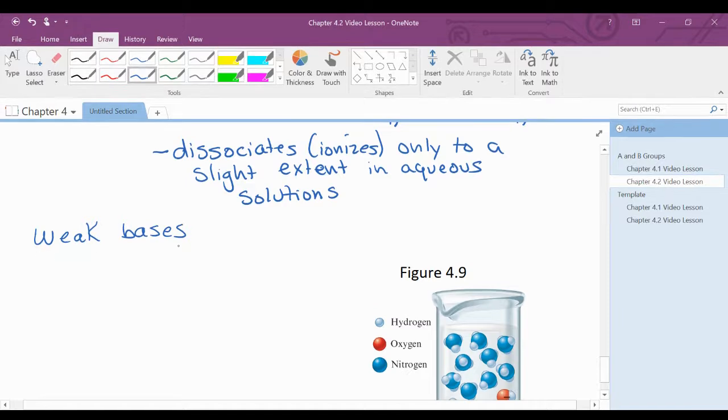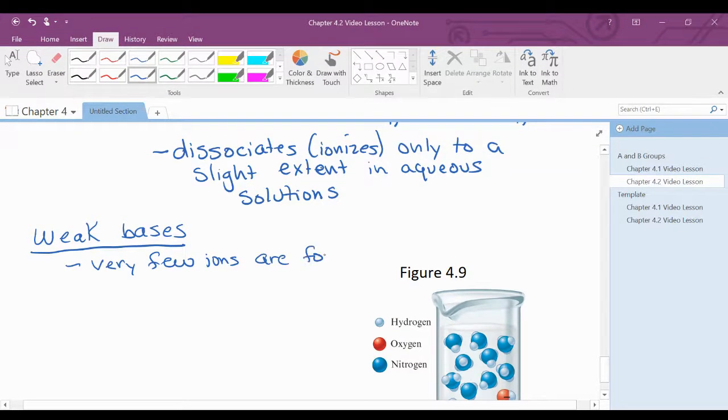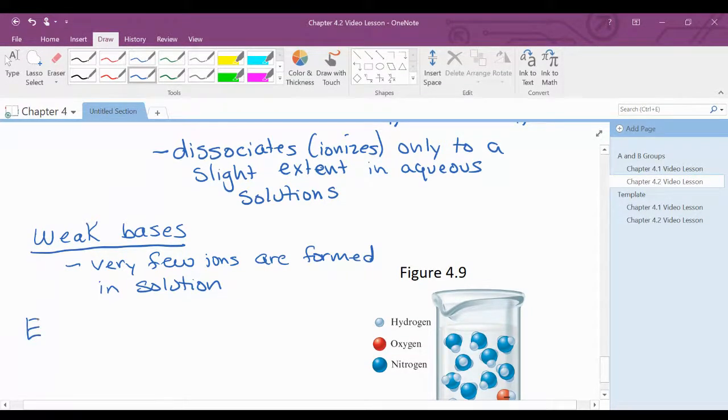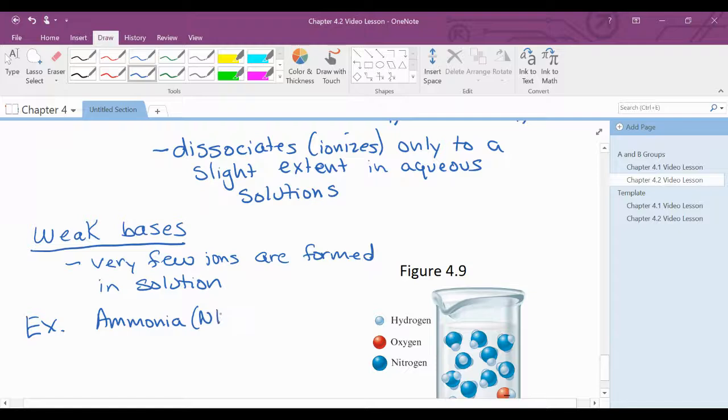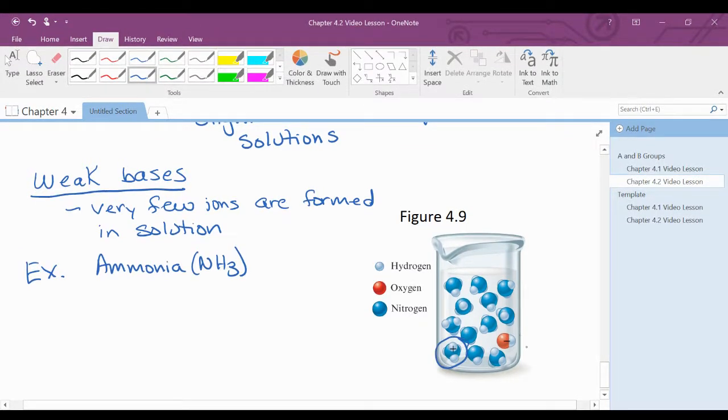And so very few ions are formed in solution. So the example I'm going to give is ammonia. And this is a weak base. So if you look at figure 4.9, you can see you have all these ammonia molecules and you just have a few of the ions.